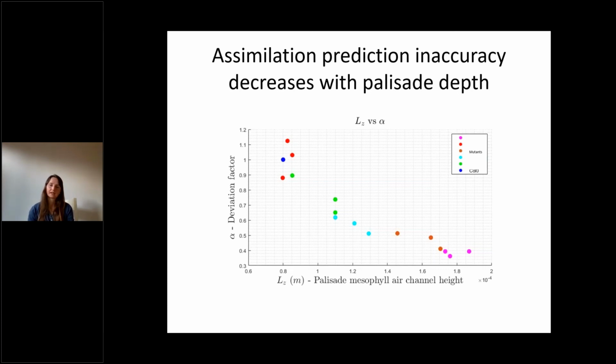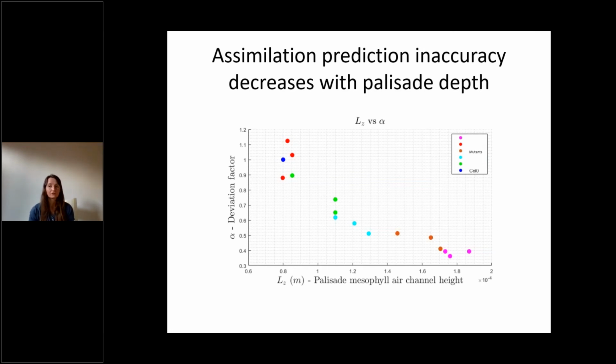So I guess the next thing for us to really unpack in terms of developing this model is what it is about palisade depth and its variation between mutants that causes it to affect how well the model predicts assimilation.